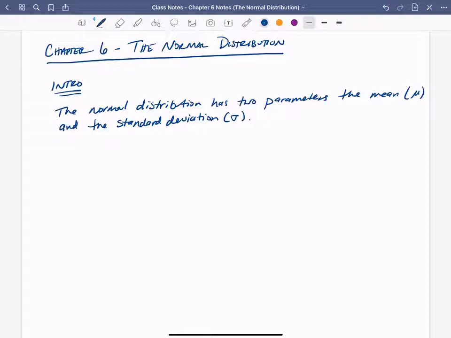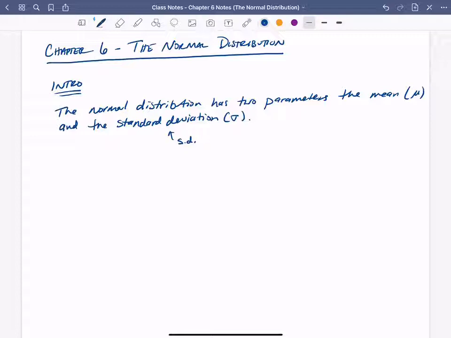Or if you look online at different textbooks, publishers or people lecturing, you'll also see the standard deviation written as SD instead of writing out the words. Okay, that's another way you might see it.